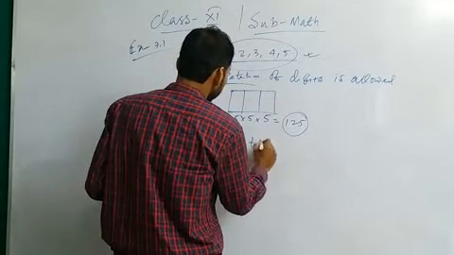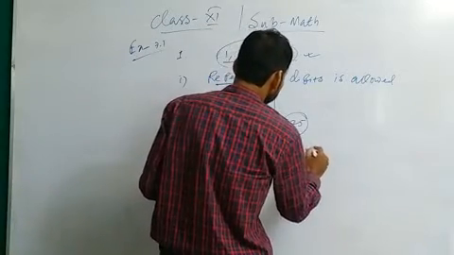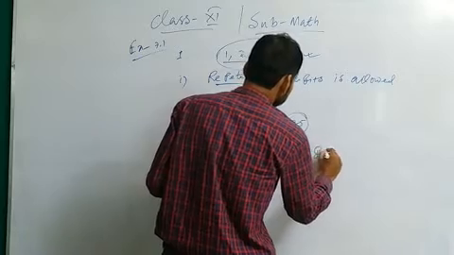These are very important. The first was repetition allowed, and the second one is repetition of digits not allowed.